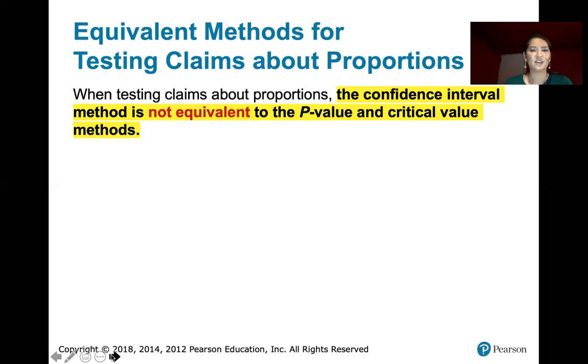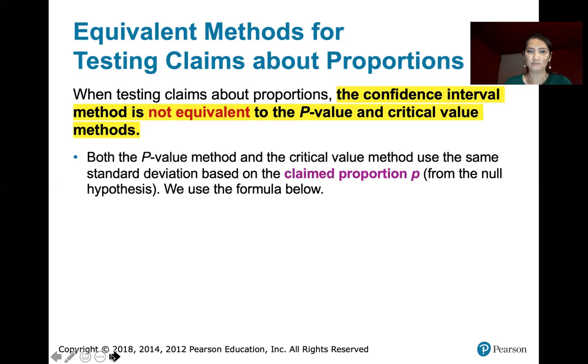And if you're saying, why aren't they equivalent? The reason they are not equivalent has everything to do with the standard deviation that we're assuming when we use formulas in the p-value and critical value methods and the confidence interval method. Now with the p-value method and the critical value method, we're using the same standard deviation based on the claimed proportion P. So that's the P from the null hypothesis.